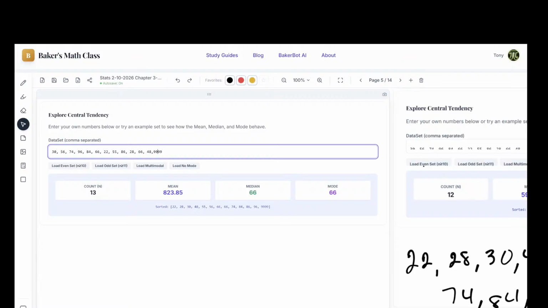That number really was there. That's why my mean's so high. So when you get a number that looks wrong, take a second look at it. Make sure you didn't make a mistake, or see if it really is just a number that's way out there. We're going to talk about outliers next class. So 9,999 would be an outlier in this situation. That's why the mean is so much higher.